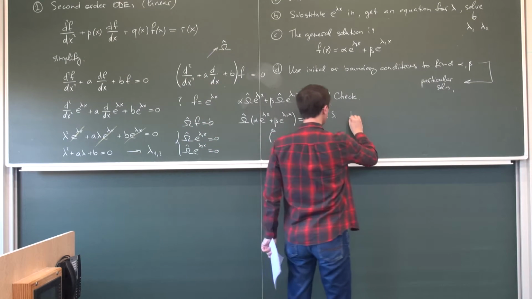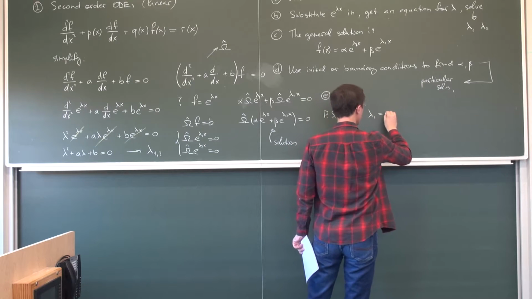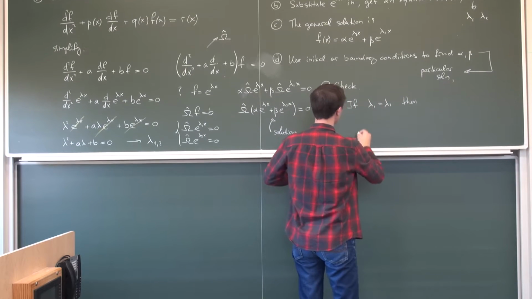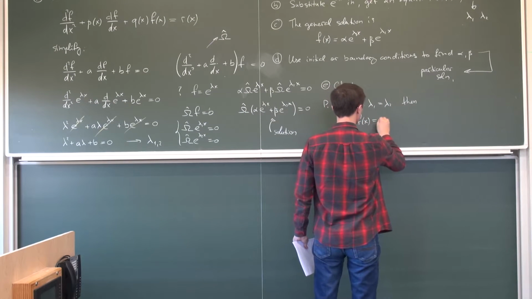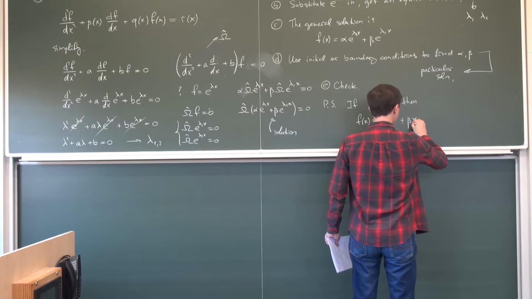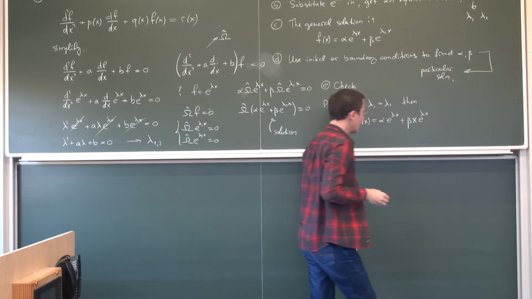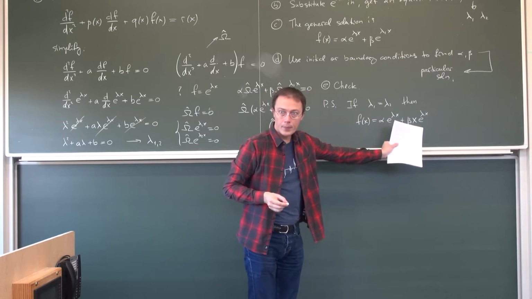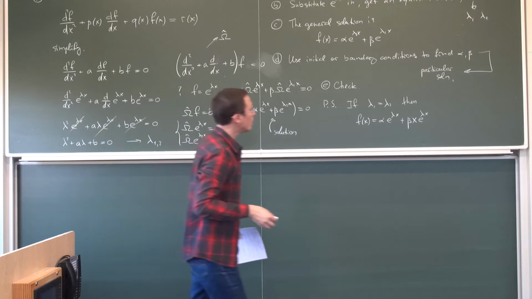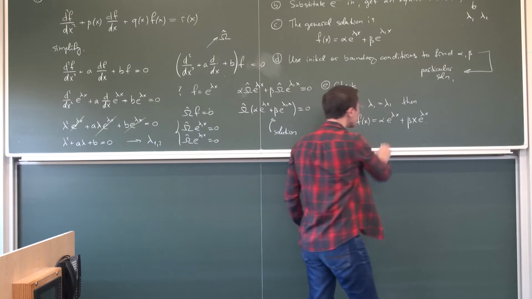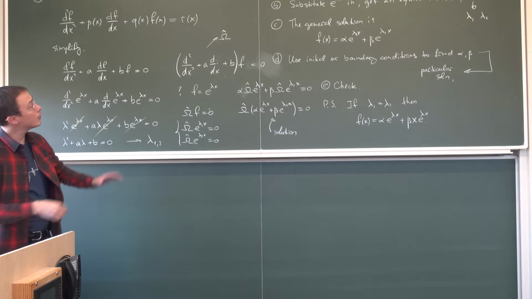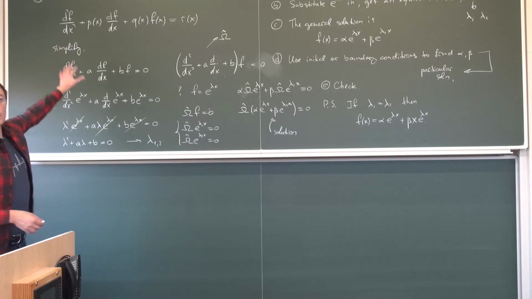That if lambda 1 is equal to lambda 2, then the general solution is f of x is alpha e^(lambda x) plus beta x e^(lambda x). Notice the x in here. Now, quite why that should be the case is a very long story, but we will just make this remark here without proof.